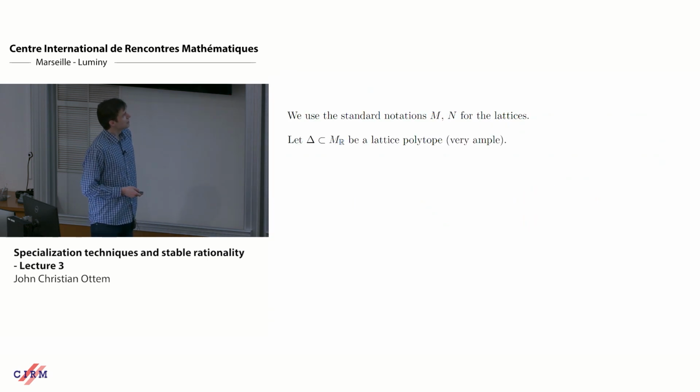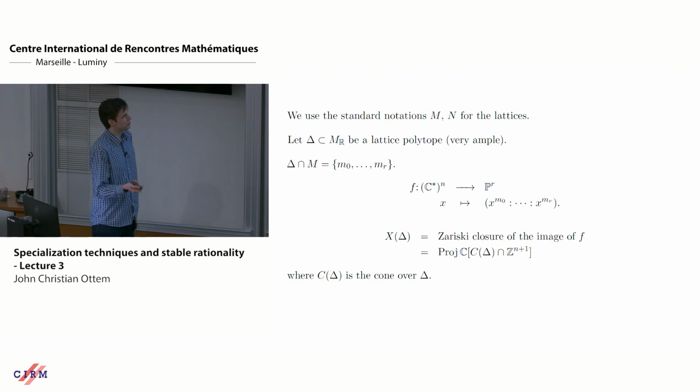Okay, so the most concrete way you can define this is, if you have a lattice polytope, you take the lattice points, and then you define the map from the torus into the projective space just by taking the monomials corresponding to these lattice points, and then letting X be the closure of this image.